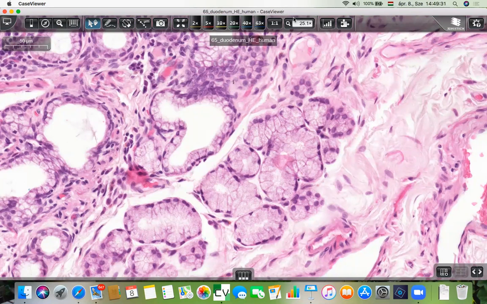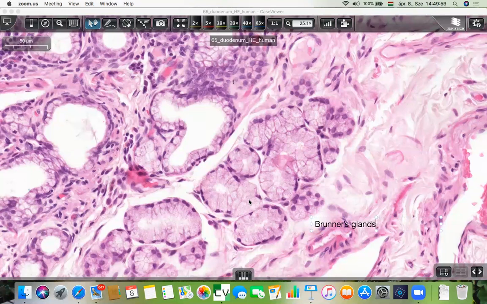The Brunner's glands secrete alkaline juice into the duodenum. So only the duodenum represents glands in the submucosa. Therefore, the Brunner's glands are also called submucosal glands.